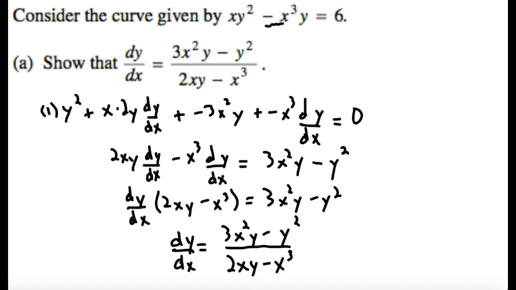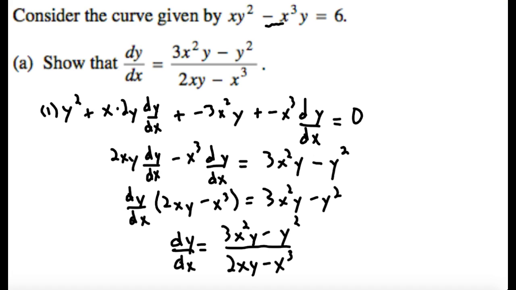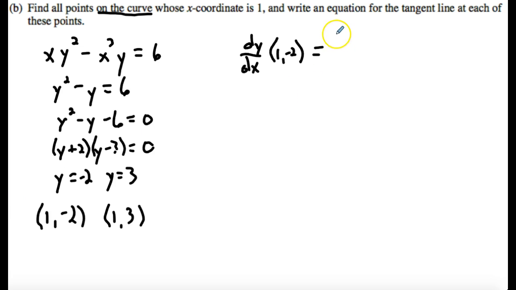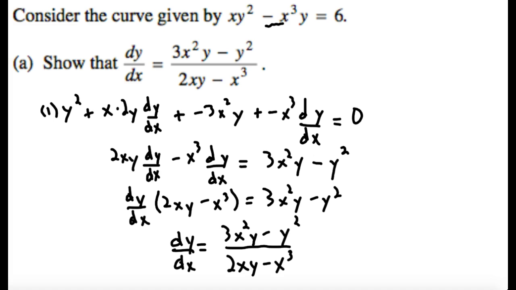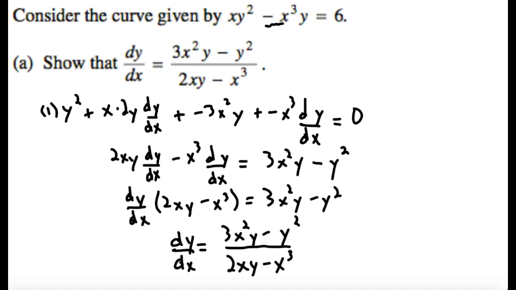All right. So first, dy/dx at (1, negative 2) equals, I have to go back here, 3x squared y minus y squared, so 3 times 1 squared times negative 2, minus y squared, so minus negative 2 squared, over 2xy minus x cubed.